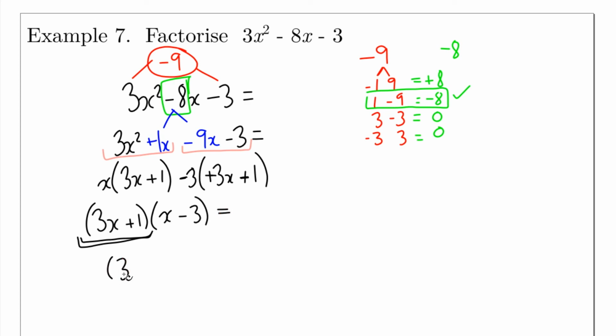So the answer is 3x plus 1 in one bracket, x minus 3 in the other bracket. And you could expand these two brackets out to see if we end up with the same expression up here, but I'm confident that this is the answer.